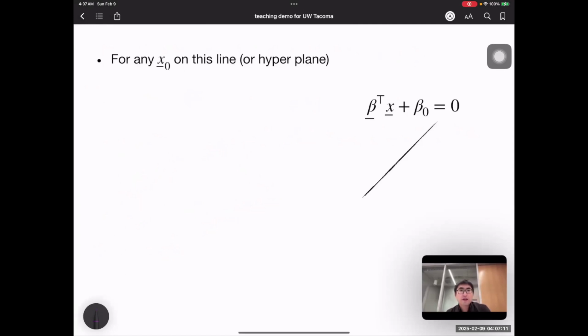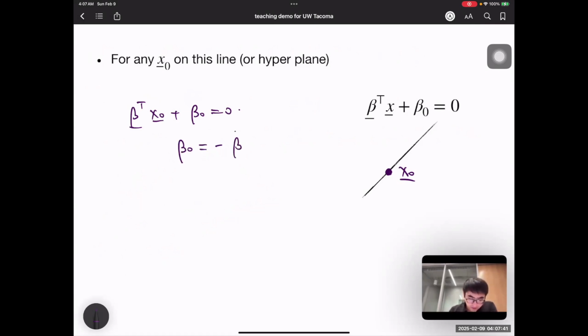So let's look at some geometric properties of this hyperplane or this line. Let's assume a point x naught that is exactly on this line. Then beta transpose x naught plus beta naught will be evaluated to 0. This will help us derive the value of beta naught.